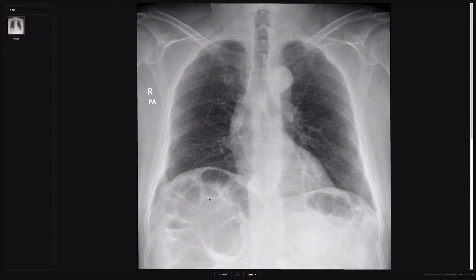These bowel loops have interposed themselves between the surface of the liver and the diaphragm. So this is not free air, this is normal luminal air, but sometimes it can be mistaken for pneumoperitoneum. So this is a pseudo pneumoperitoneum.